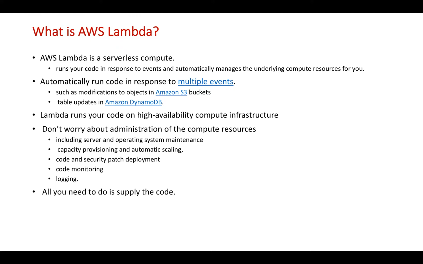All you have to do is just bring your code. The code will be executed based on the event which is triggered from the actual service. When I say service, it is nothing but S3 or similar services like DynamoDB or any other services.